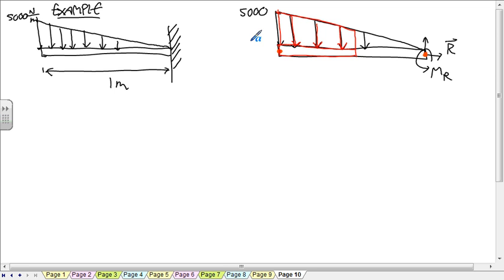So the way I do this, I come up with, okay, so now this is a trapezoid distributed load.